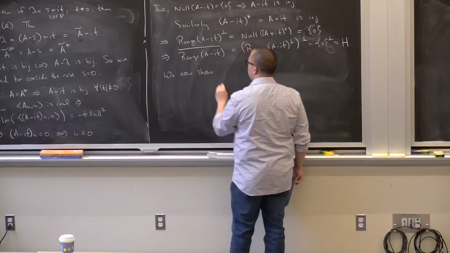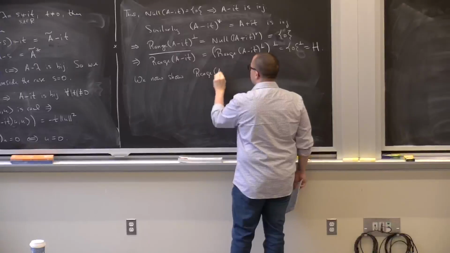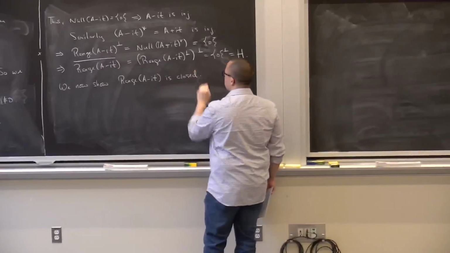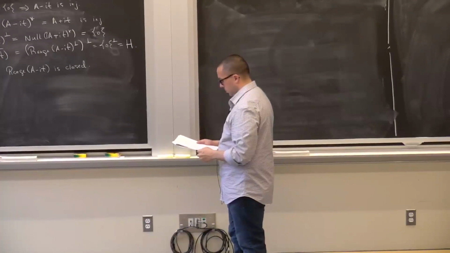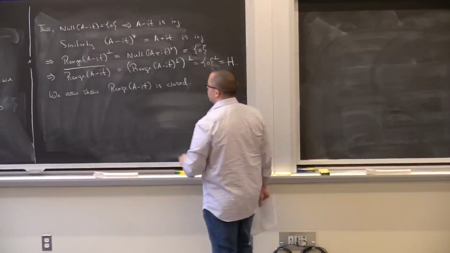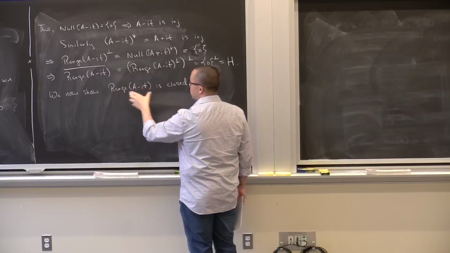So we just need to show now that the range of A minus IT is closed. To show it's closed, we have to show that if we take a sequence of elements in here converging to something, then that limit is in fact in the set.